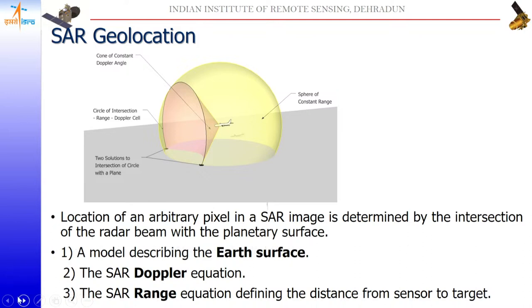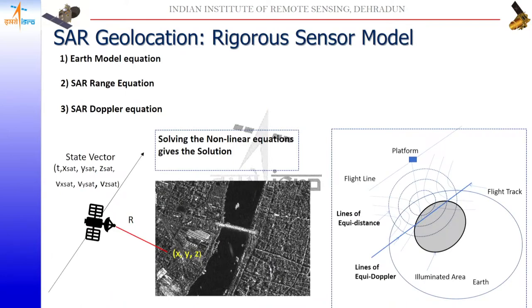So we have the Doppler equation, which is a Doppler cone, and the range equation, which is a type of sphere equation, and we have a model of the Earth. So we have three equations: the Doppler equation, the range equation, and the ellipsoid equation of the Earth. We solve these three equations to geolocate any point in the image.